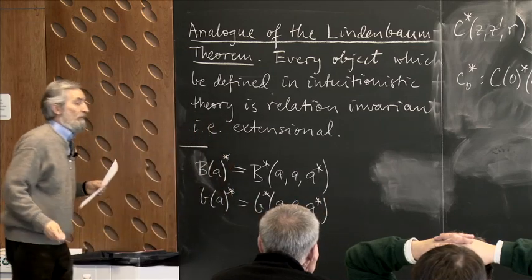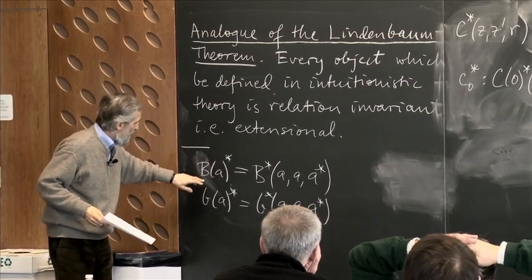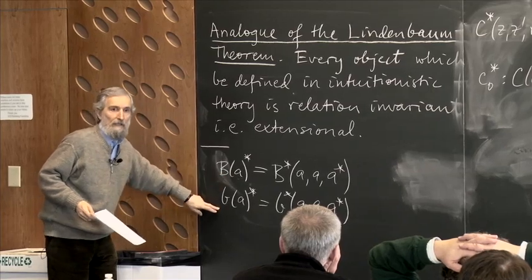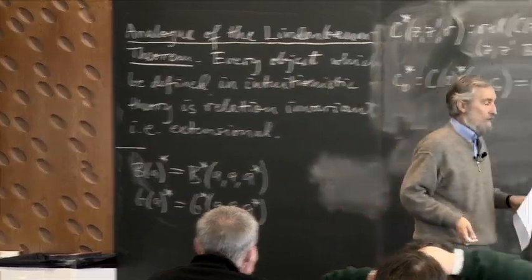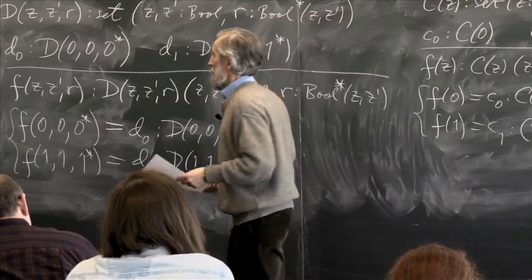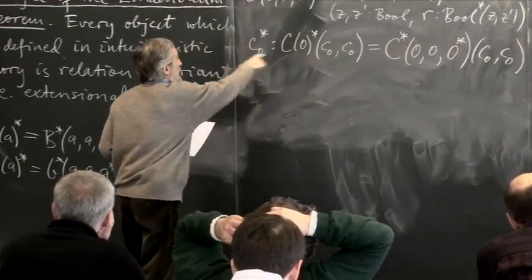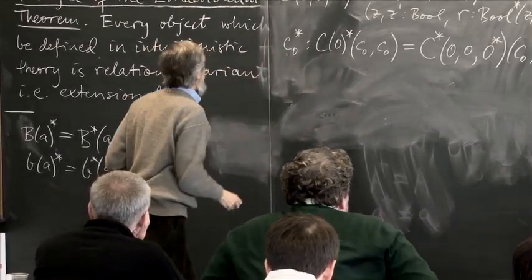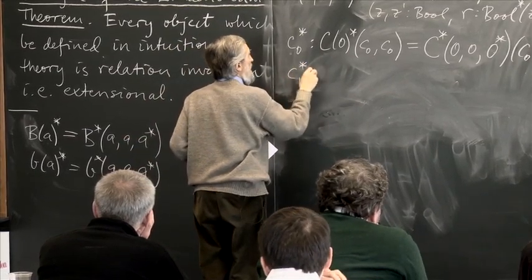So if you're handling substitutions in the traditional way, this must be established by induction over the buildup of capital B and little b. But the only way to do this in a completely satisfactory way is to have explicit substitutions, but that goes well beyond what I can say something about here. So this is how the second premise comes out in the model, and the third premise then similarly, of course.